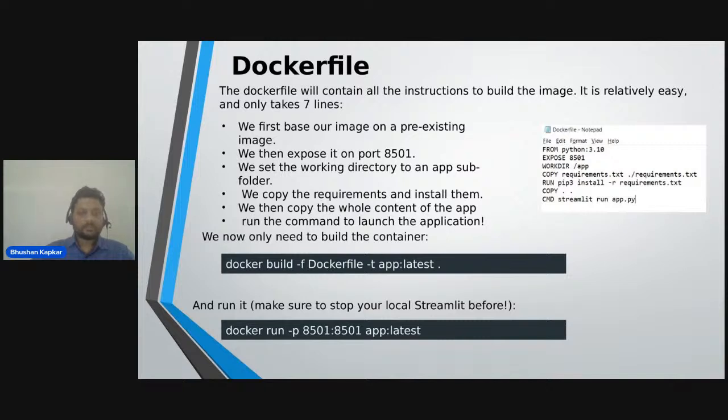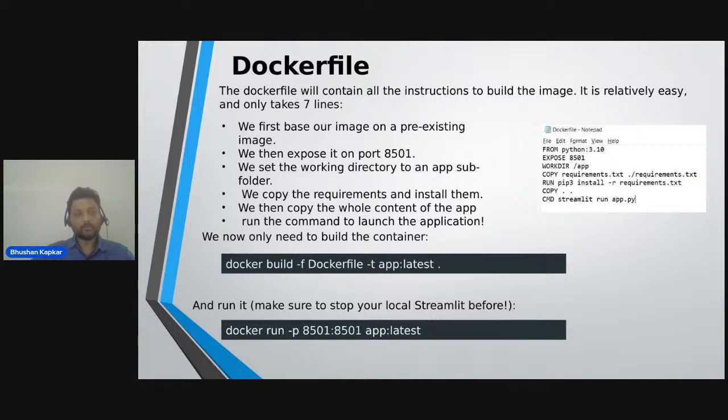Once the Docker file has been built on your system, you have to make sure that it's up and running. As we have exposed our 8501 port, we run this particular image with docker run, port 8501, and the app with latest as the tag.